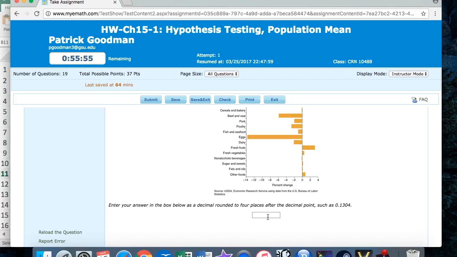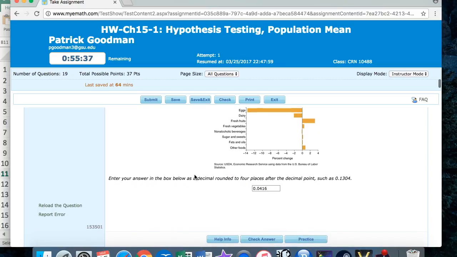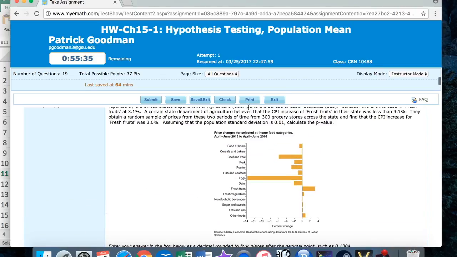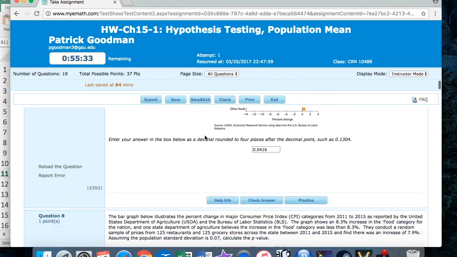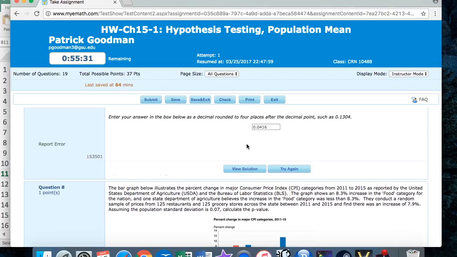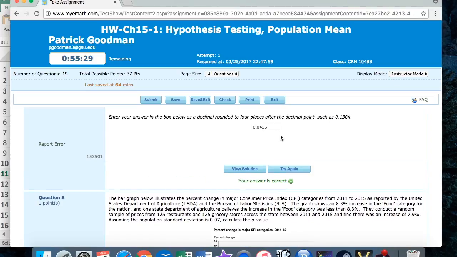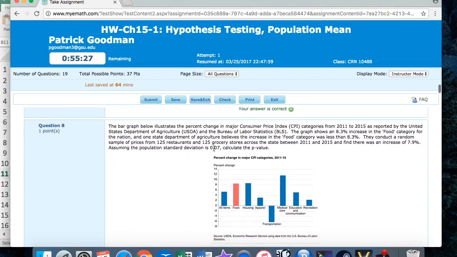It wants it to 4 places. The easiest way to do this is to make it 4 places in Excel, but I'm not going to do that. So 1, 2, 3, 4. Then it's all the way down to 6. Hopefully I didn't mess anything up when I was converting that, but let's check. Okay, yeah, so there we go. So that is our p-value.